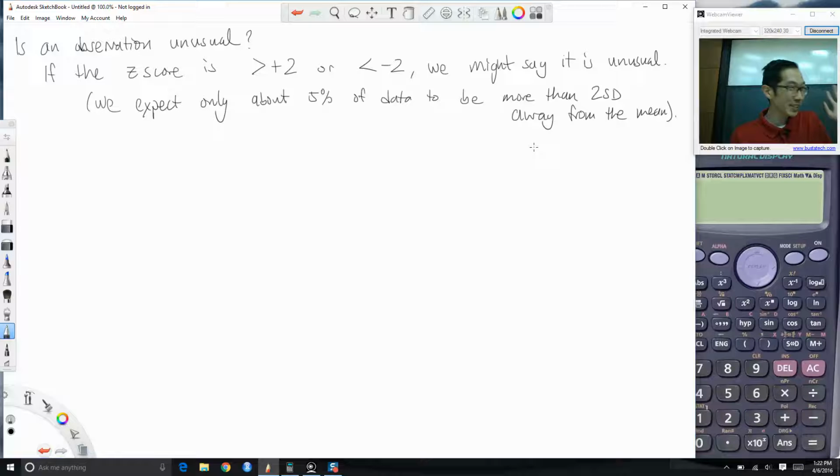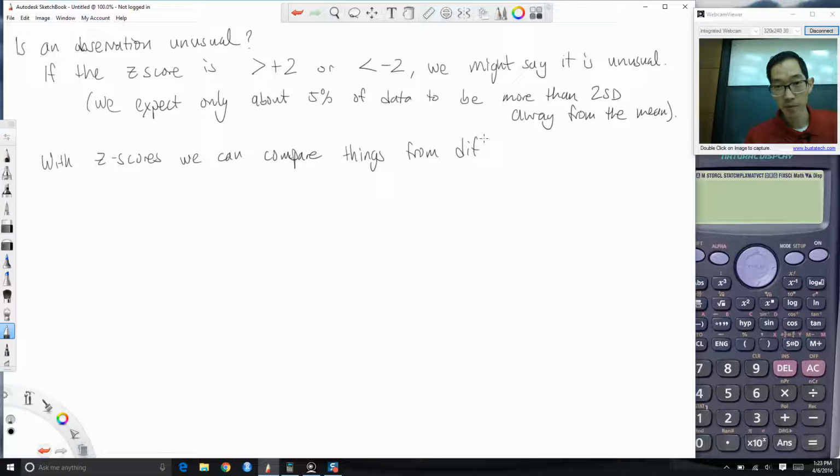So anyway, we can say, what's more unusual, 100 home runs or 400 three-pointers? They probably would both rate as having z-scores of something really crazy, like a z-score of +4 or something like that. So with z-scores, we can compare things or people from different groups.